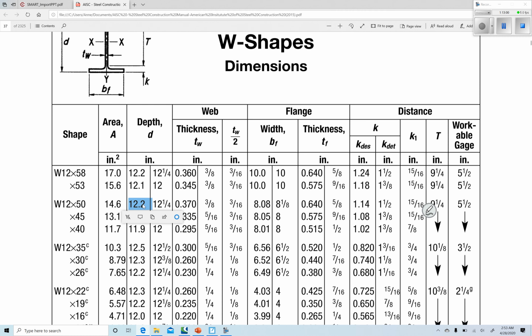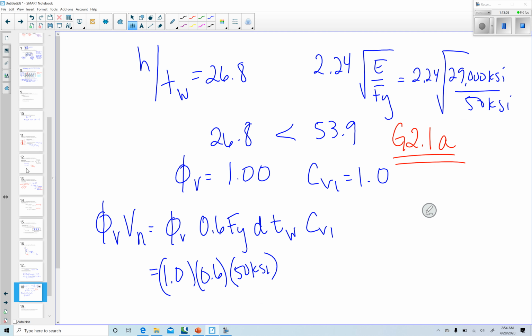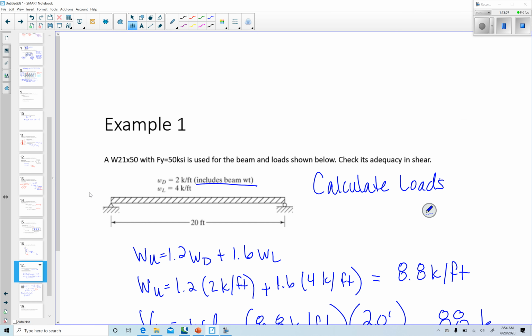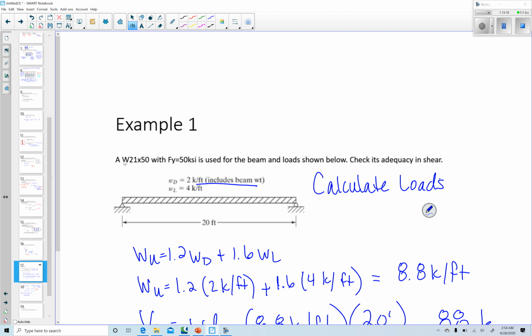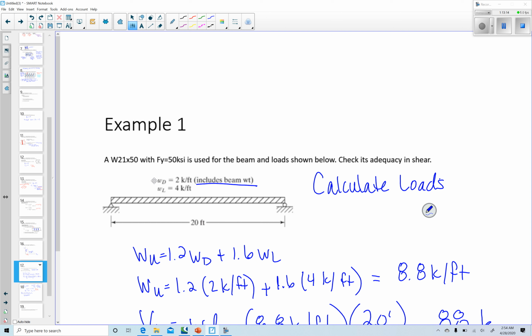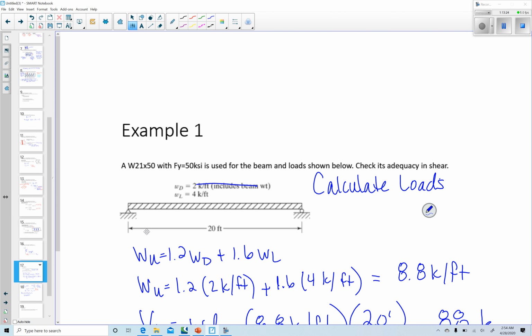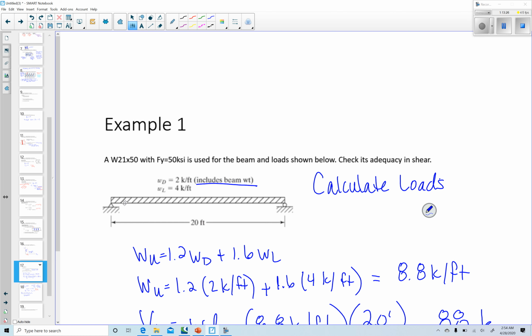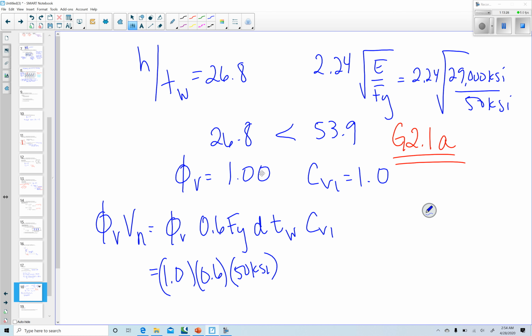I must have used a weird, W21x50. Is that what's going on here? Oh my gosh, W21x50. Okay, I feel way less crazy now. There is a W12x50 though. I was like, why are my numbers totally different? That's why. h over tw for a W21x50.